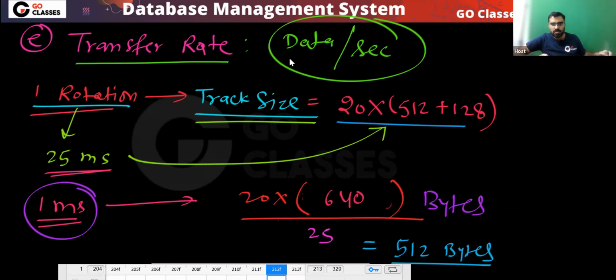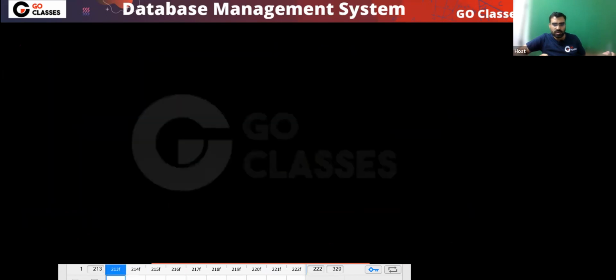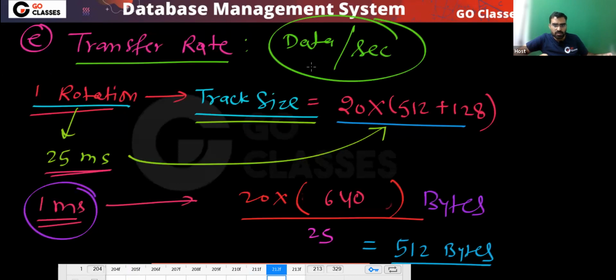So this will be 20 into 640, which is 12800, divided by 25. So finally it will be 512 bytes.